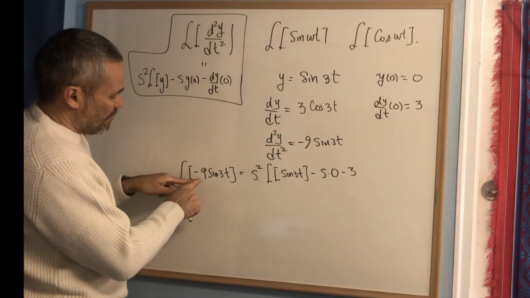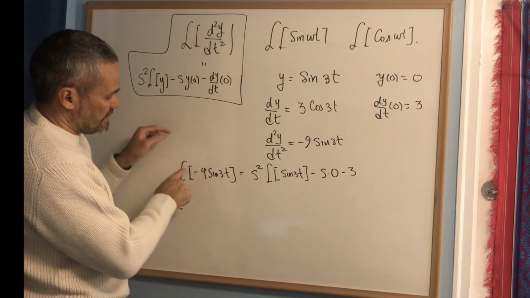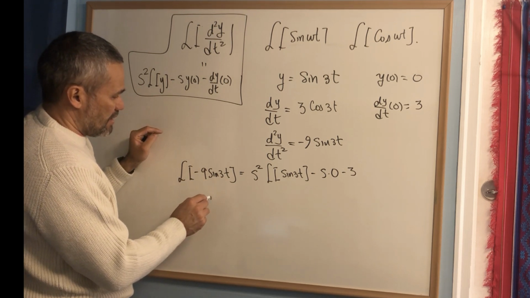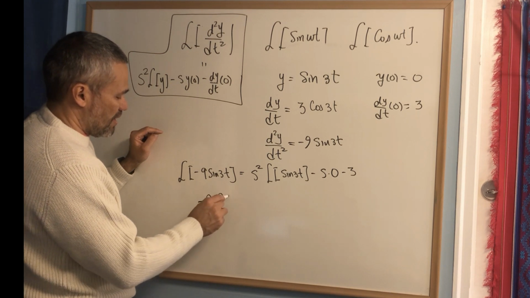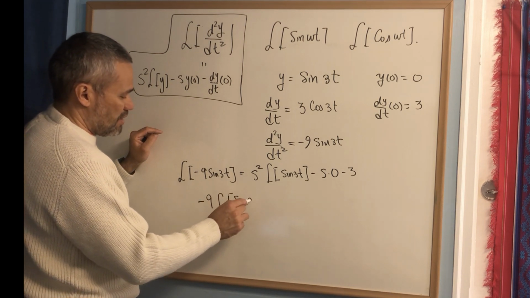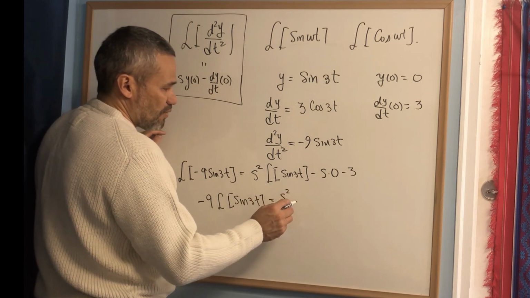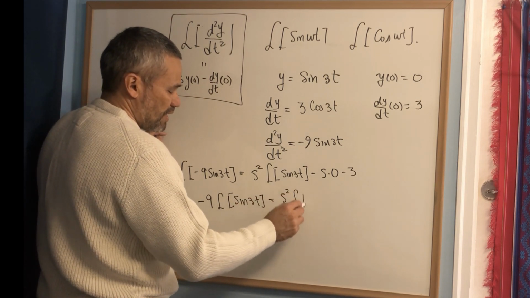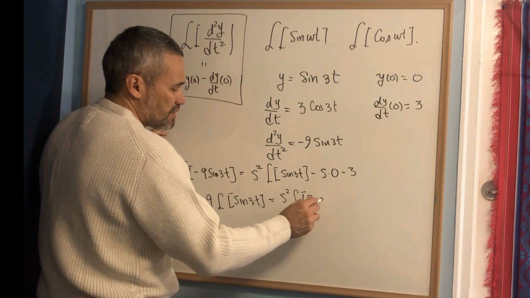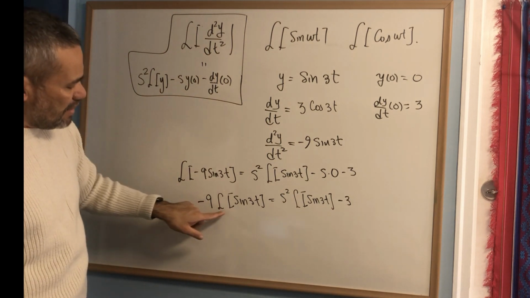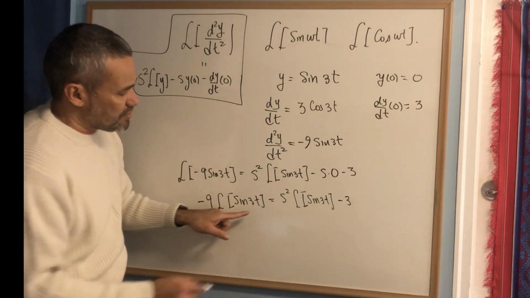What do we get here? Notice that the Laplace transform is linear. That means that this 9 can go out, and then it is negative 9 times the Laplace transform of sine of 3t is equal to s squared times the Laplace transform of sine of 3t minus 3. And now we can solve for the Laplace transform of sine of 3t.